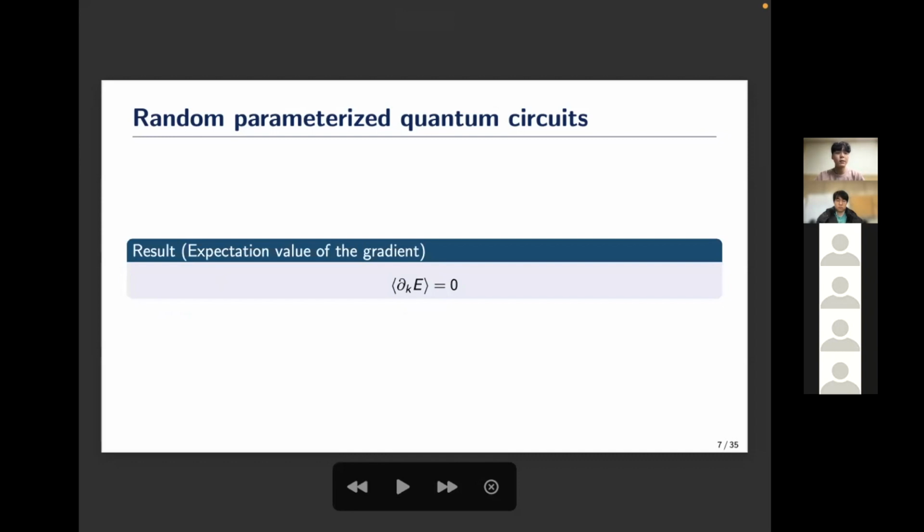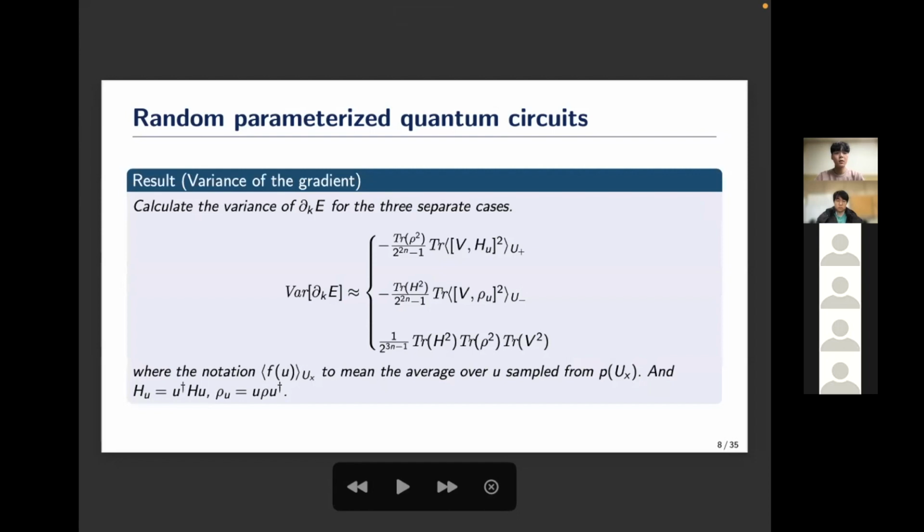By using the assumptions, we can calculate the expectation value of the gradient of the cost function. We can see that the gradient of the cost function is not biased. We can calculate the variance of the gradient of the cost function for three separate cases. The first case is that U minus is a 2-design, but U plus is not.